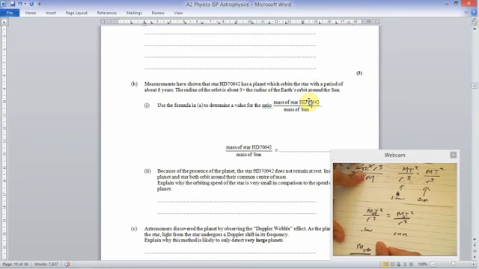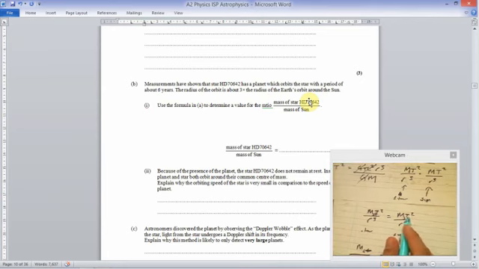So therefore, that's going to be equal to the time period, the radius of the star over the time period squared of the star, the radius, so time period squared of the Sun over the radius cubed of the Sun. Okay, so that's what we actually end up with from that.